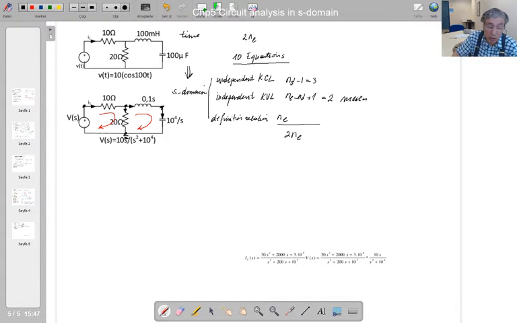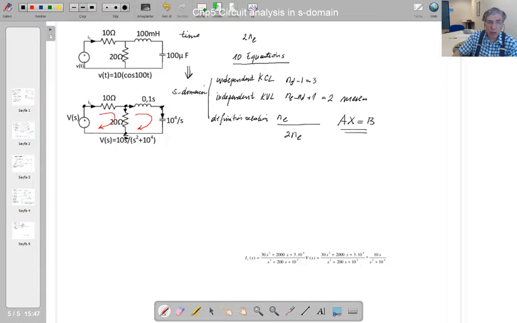Again, why is that? Because each element has got a current and voltage, so there are 2NE unknowns. So number of equations equal to number of unknowns means you're going to write an algebraic equation in that form. So this is how we are going to write this algebraic equation. The solution of this algebraic equation is going to be rational functions for all elements, current and voltages.